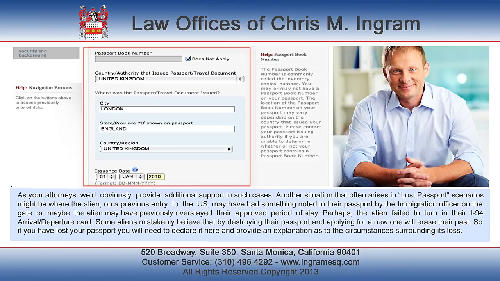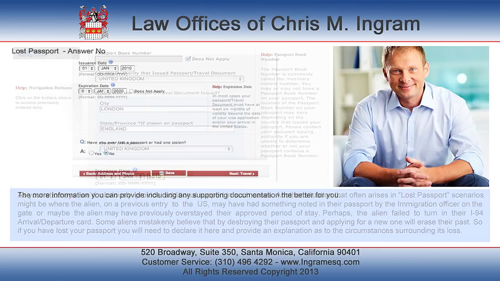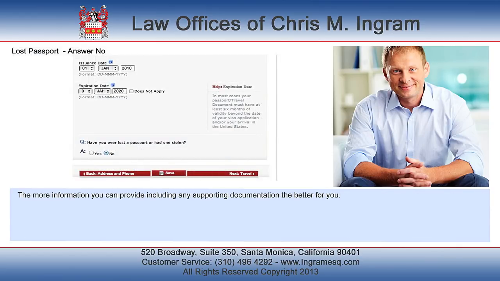Some aliens mistakenly believe that by destroying their passport and then applying for a new one will erase their past. So if you have lost your passport, you will need to declare it and provide an explanation as to the circumstances surrounding its loss. The more information you can provide, including any supporting documentation, the better for you.